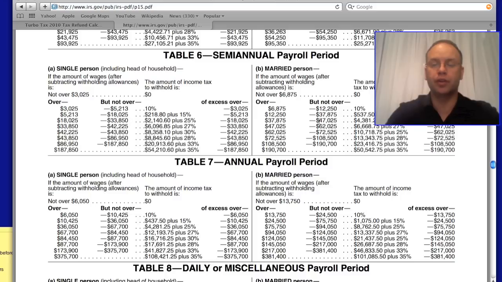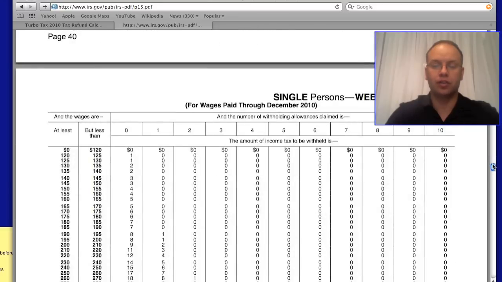If your employee was making $47,000, the amount of withholding should be $4,381 plus 25%. And again, that 25% is the difference between $47,000 and $37,000. So approximately $9,000 here times that 25% plus this amount, the $4,000. That's how you do it. So it's pretty easy to calculate that amount.